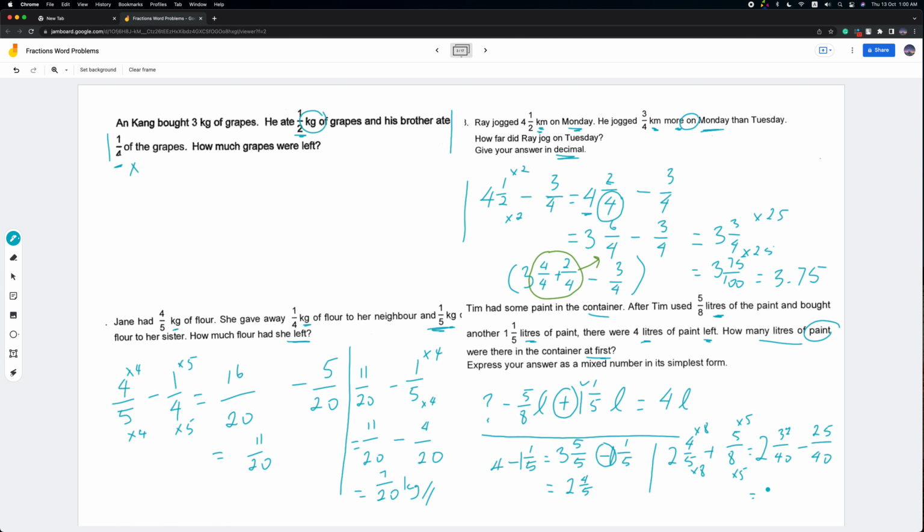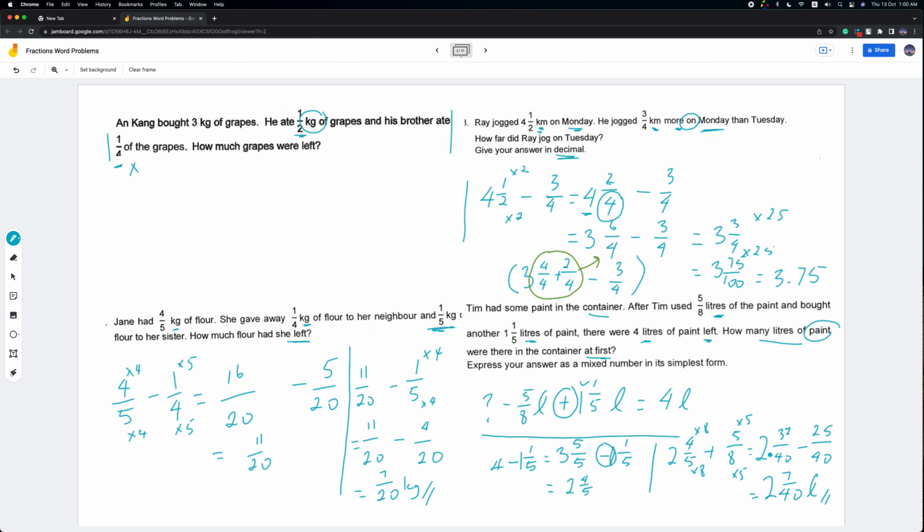This time we'll check to make sure there are no whole numbers here so we don't miss out anything. Again, we subtract the fraction first. So 32 plus 25 is 57, which gives 1 and 17/40. Okay, so we give some space over there for the whole number. So it's 7/40, and 2 plus 1 is 3. So this is our answer.